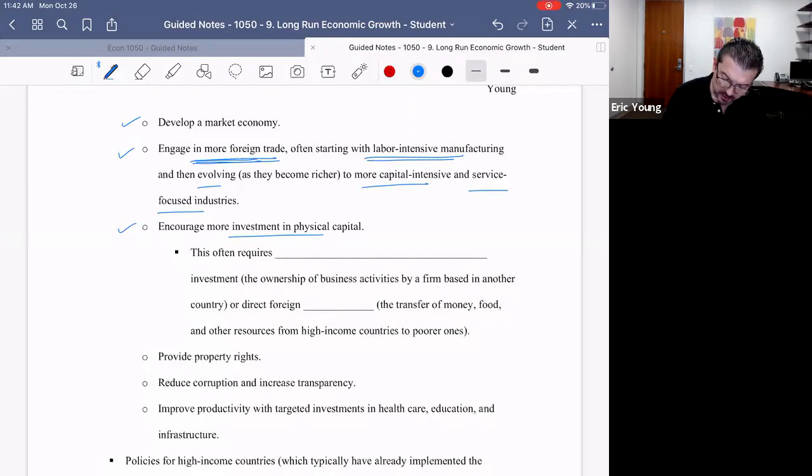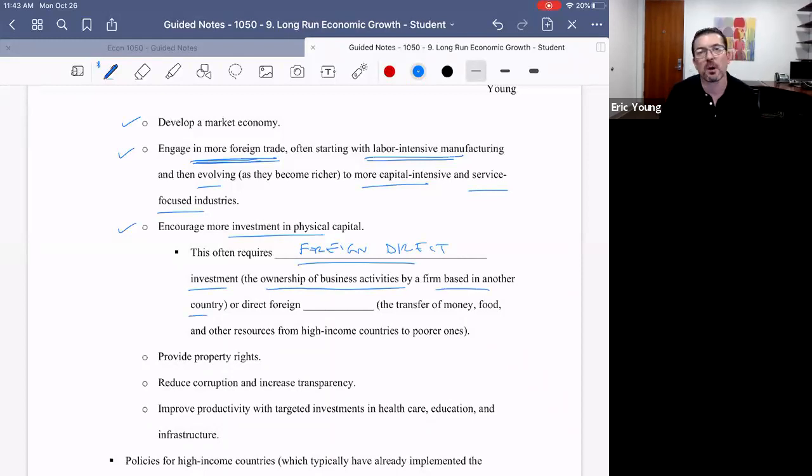Oftentimes, this requires poor countries to engage in what is known as foreign direct investment. This refers to situations where the ownership of business activities in a poor country is held by firms that are based in other, typically richer countries, okay?